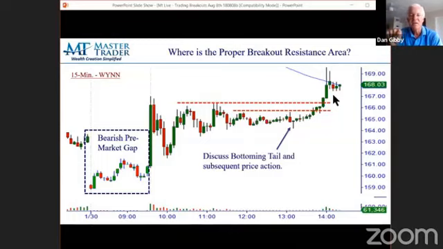That bottoming tail was a breakdown at the low part of that 15-minute bar, but it closed with a bottoming tail and continued to go sideways. So one thing I purposely wanted to cover with you today is the heading of this slide. Where is the proper resistance line to buy? I have two areas of reference point of resistance.